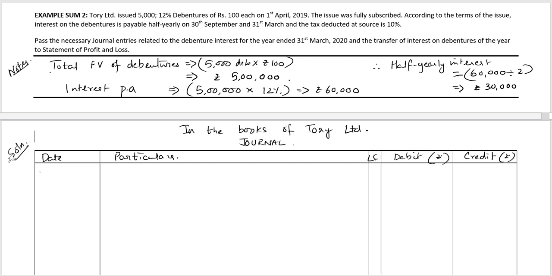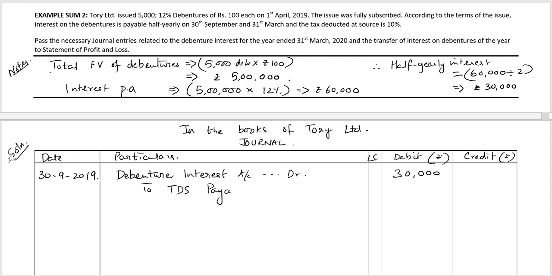The date 30th September 2019, when the first 6 months interest is due. Debenture interest account debit, half yearly interest 30,000 rupees to TDS payable account.